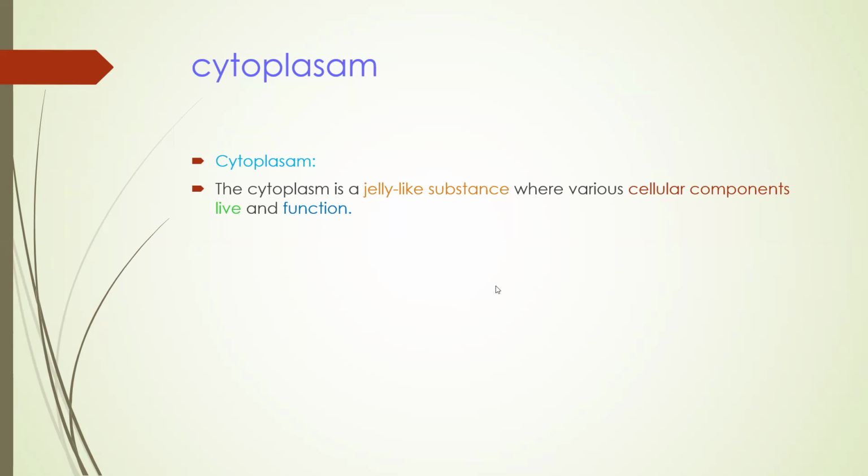The cytoplasm is a jelly-like, gel-like substance where various cellular components live and function. The mitochondria, often referred to as the powerhouses of the cell, generate energy, producing energy, in cytoplasm. Okay, this is the cytoplasm main function.